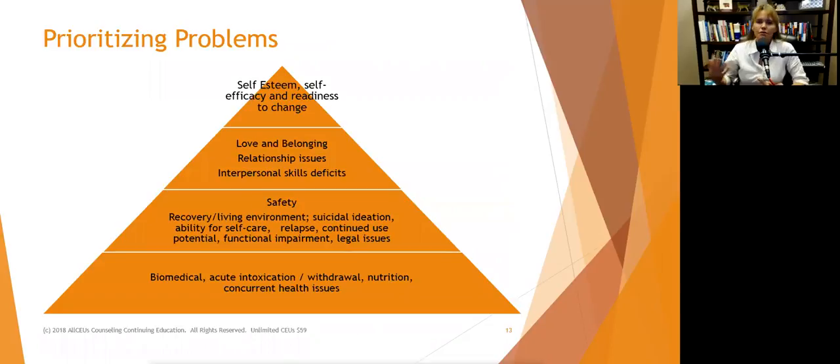Now, I personally would probably put suicidal ideation down on the lower level, but we're talking about the hierarchy here. Their ability for self-care, relapse potential, continued use potential, functional impairment, and legal issues. Can they do activities of daily living sufficiently to be safe and to maintain a roof over their head and the bare minimums?